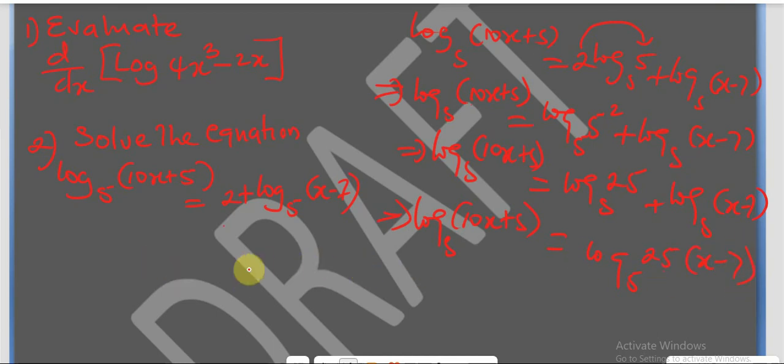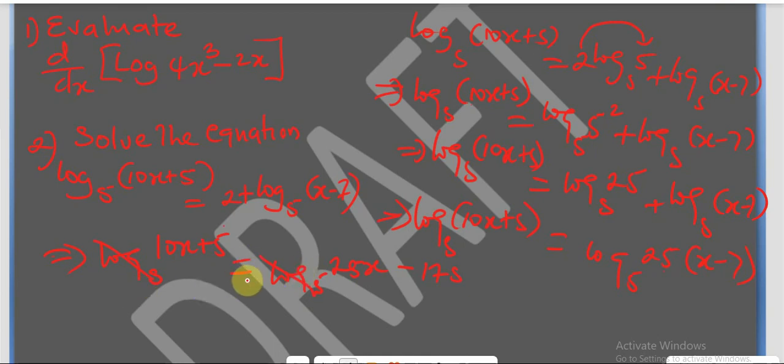So now I'm going to clear brackets: log base 5 of (25x minus 175), because 25 times x is 25x, and 25 times 7 is 175.